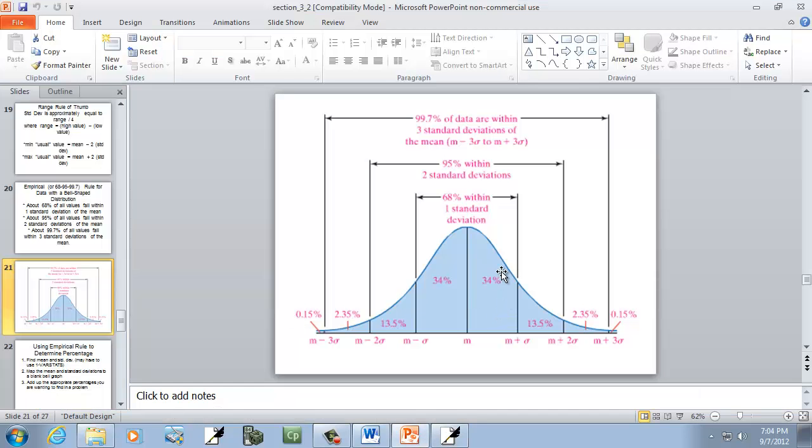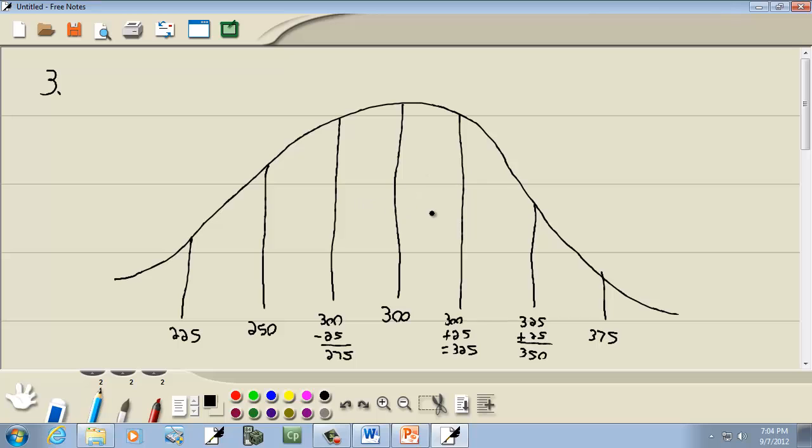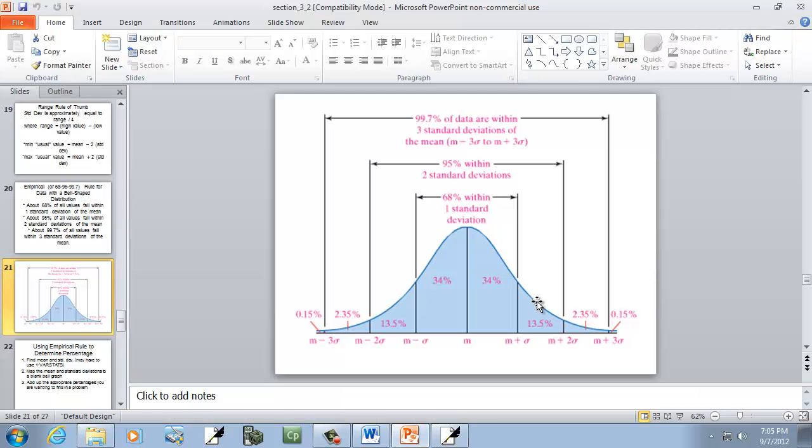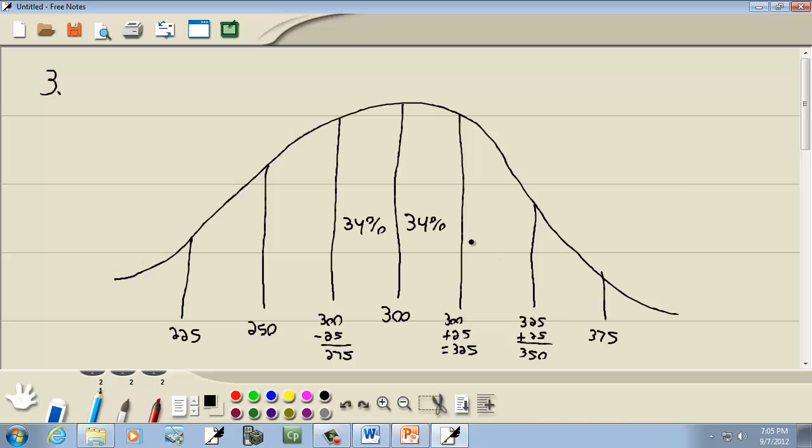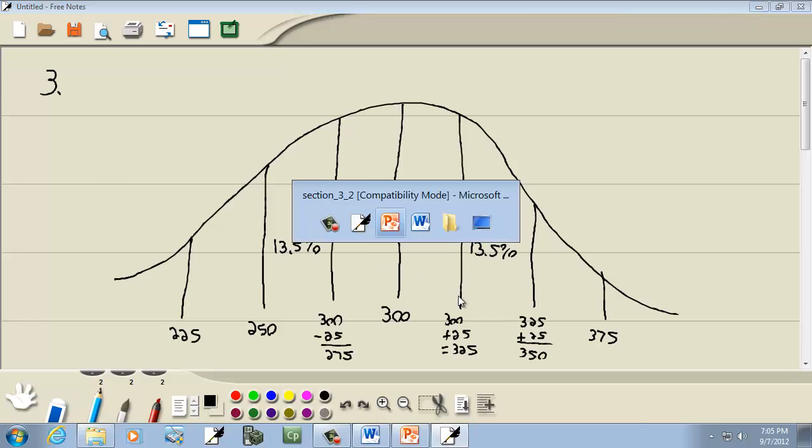Now this is the diagram you have to have in front of you when you're working this. These right here both have 34% in them. Now that's not just for one problem, that's always for the empirical rule. So those would be 34%. Our next ones over are 13.5%, so that'd be 13.5% and 13.5%.